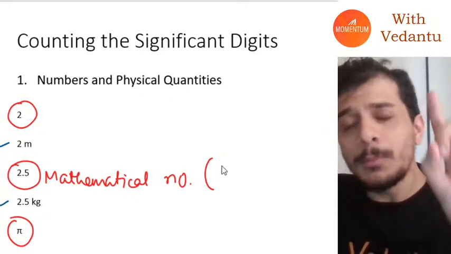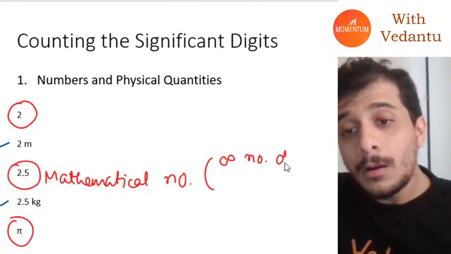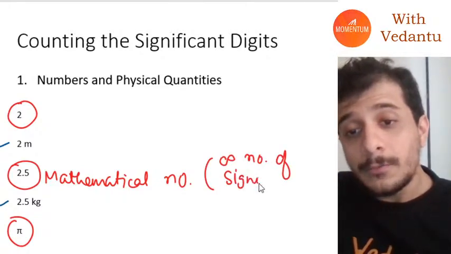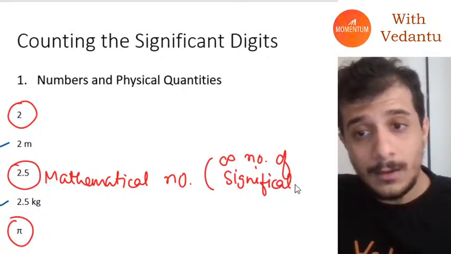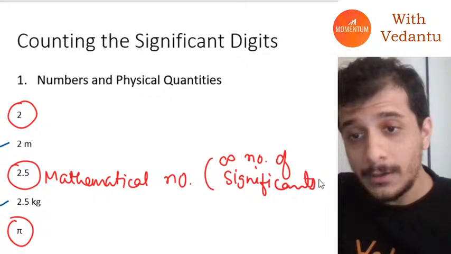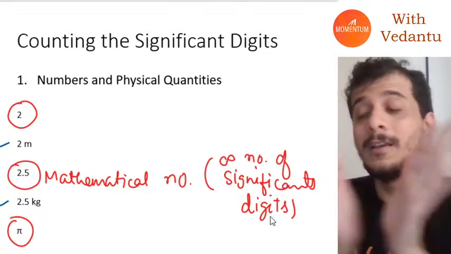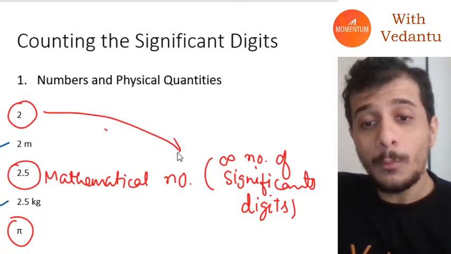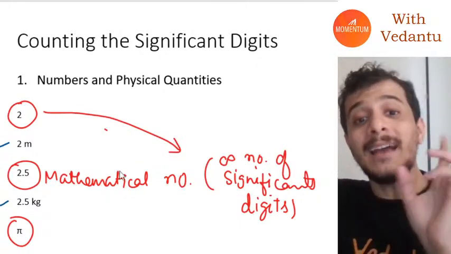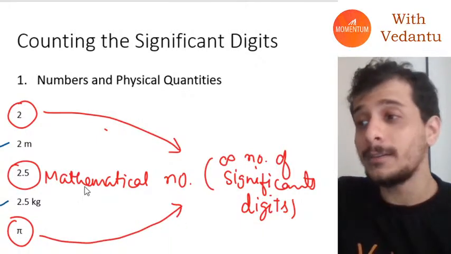For mathematical numbers, remember they have an infinite number of significant digits. We don't worry about significant digits for them because we just consider by default that they have infinite significant digits. If I ask you how many significant digits 2 has, it has infinite. How many significant digits pi has, infinite.